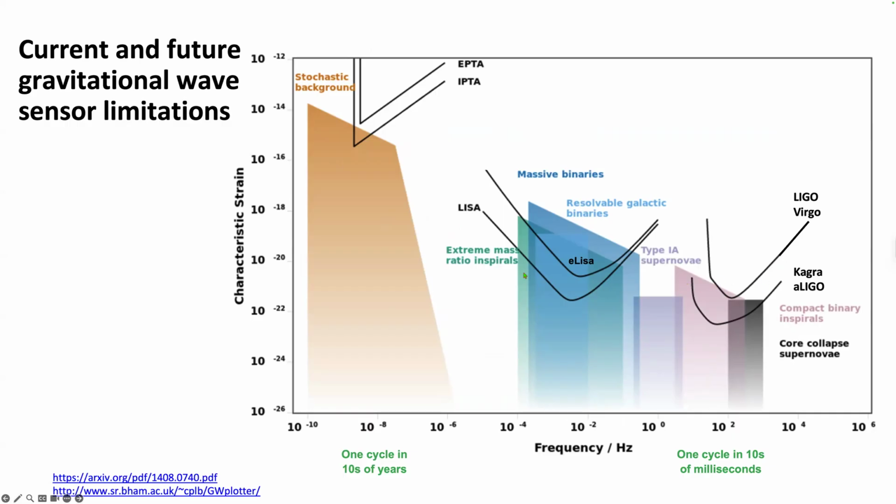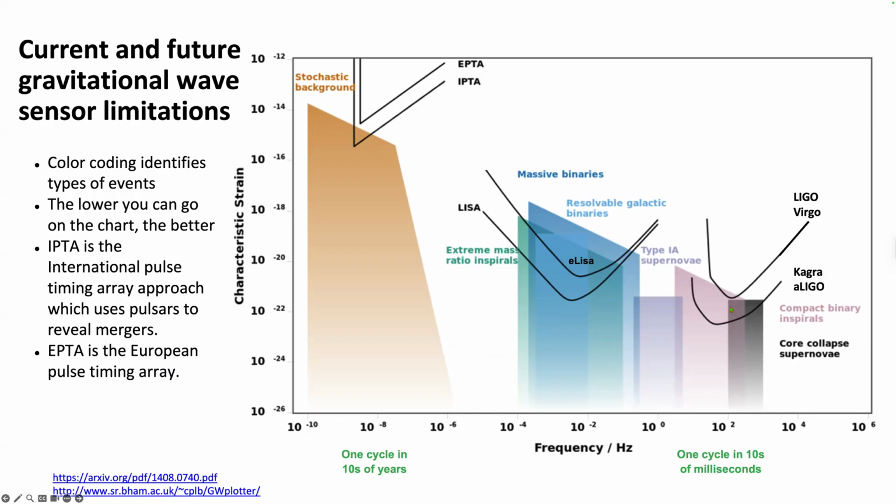If we build a space-based version, it will be called LISA, and it will see larger mass, massive binaries, that is, mergers of bigger black holes. And then there's a scheme using the pulsar systems with super accurate clocks to produce what's called a pulsar timing array, and we might be able to see gravitational waves left over from the Big Bang. Our current systems cannot see that.